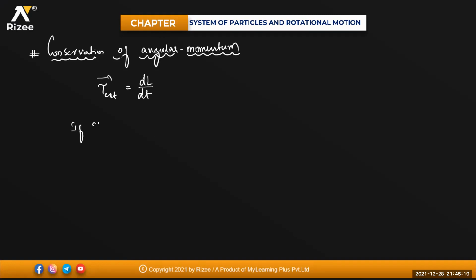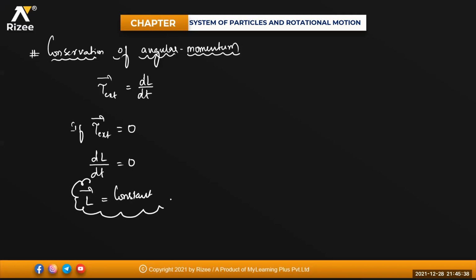If the external torque acting on the system is 0, then dL divided by dt is equal to 0. And you know the differentiation of anything, if it is 0, then L must be constant. So if the net torque acting on the system is 0, then angular momentum is said to be conserved, or constant.